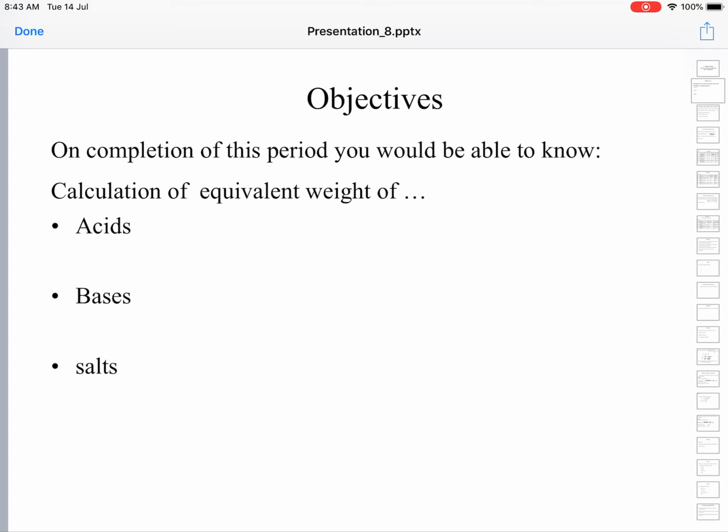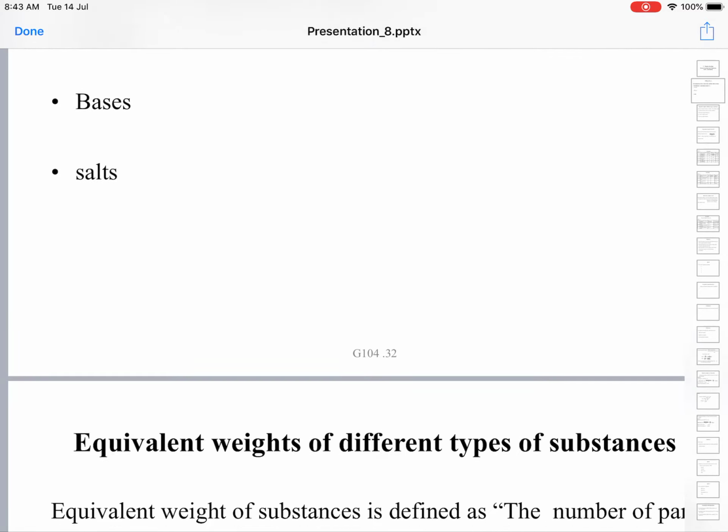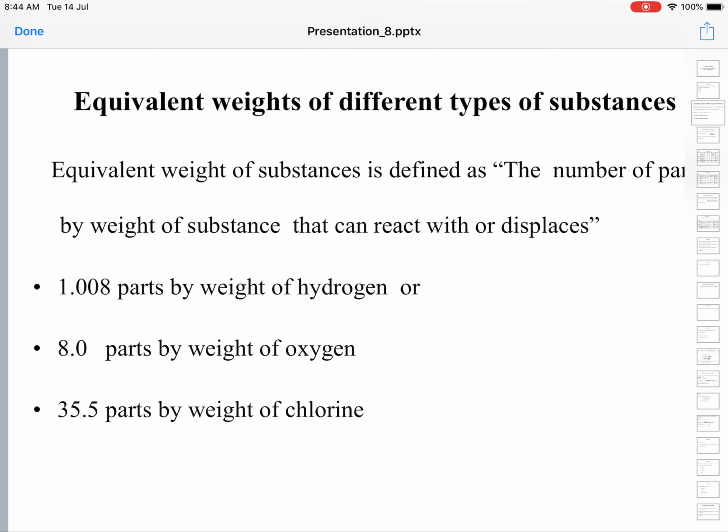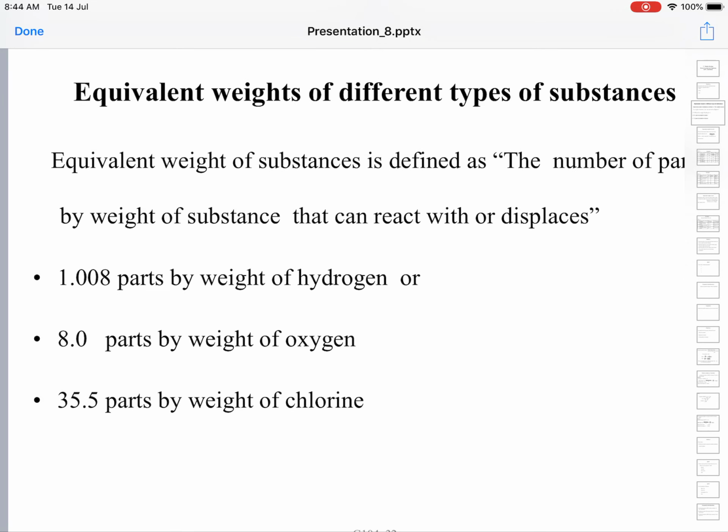First, let us see the concept of equivalent weight, the definition. How do we define equivalent weight?